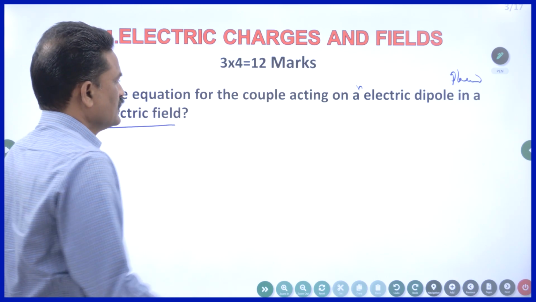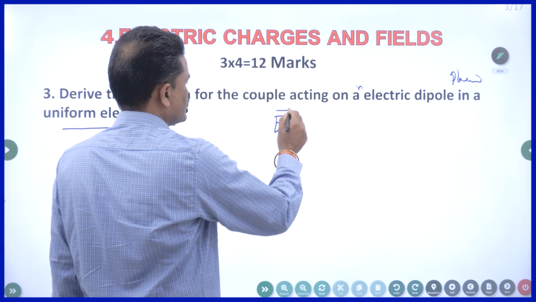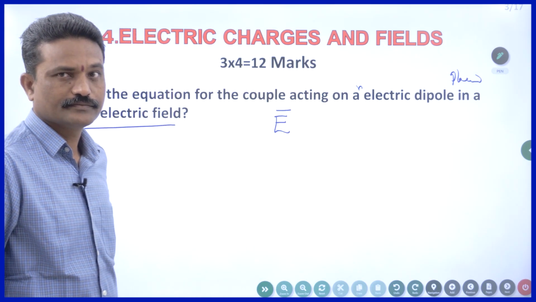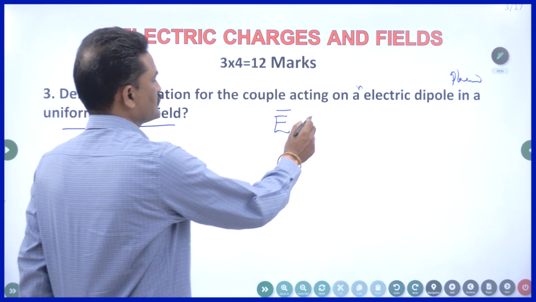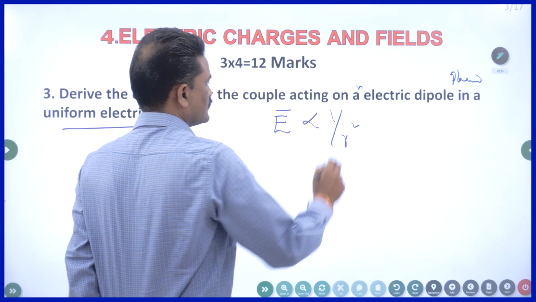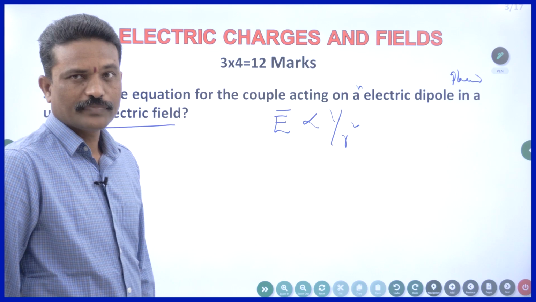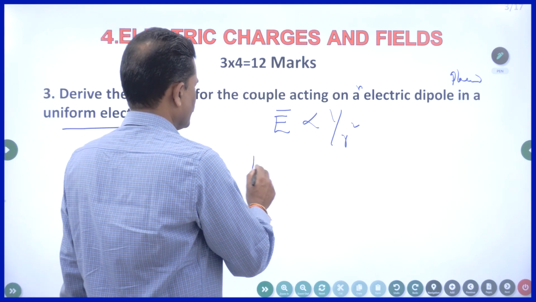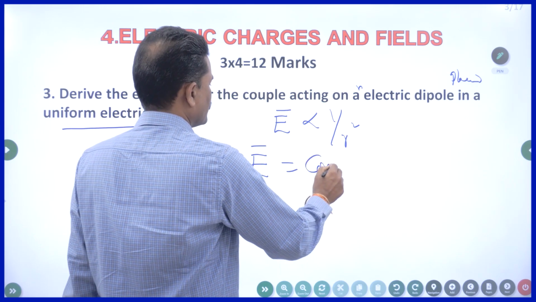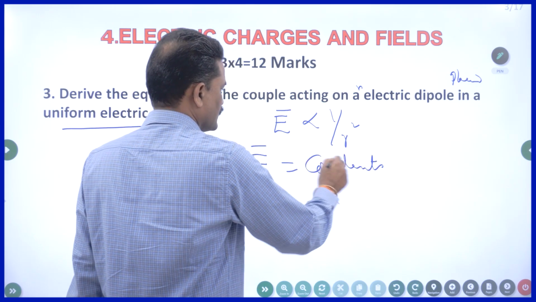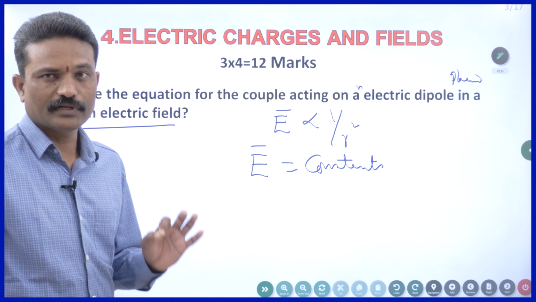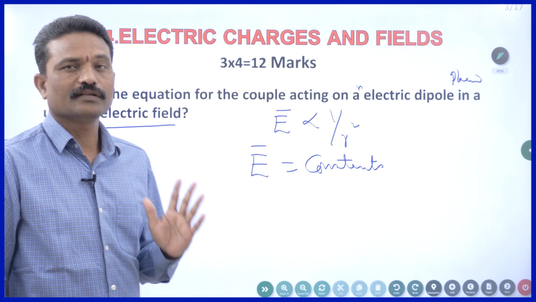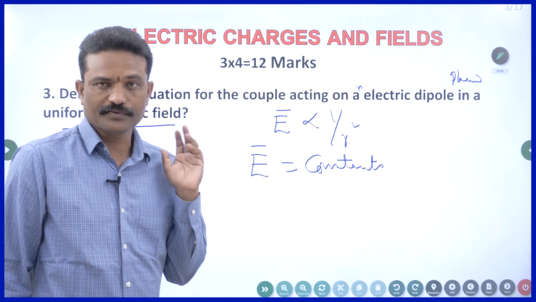Just now I told you intensity of electric field changes from point to point because the distance changes, because E is inversely proportional to the square of the distance of separation. But there are electric fields in which the E value remains constant at all the points. Then that field is called uniform electric field. If the E value is changing, then that is called non-uniform electric field.